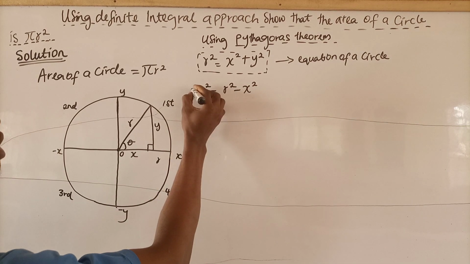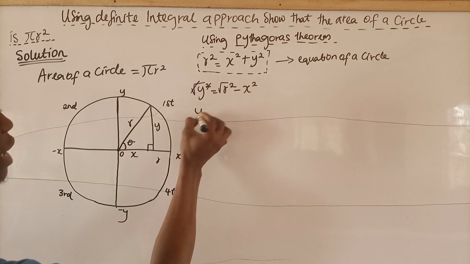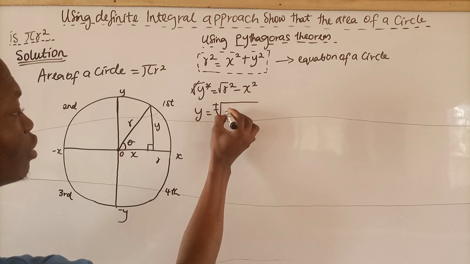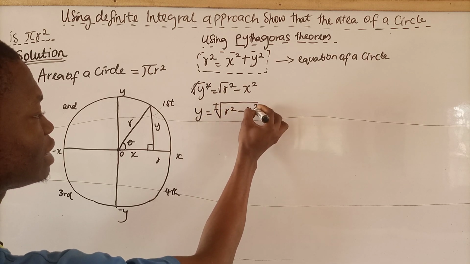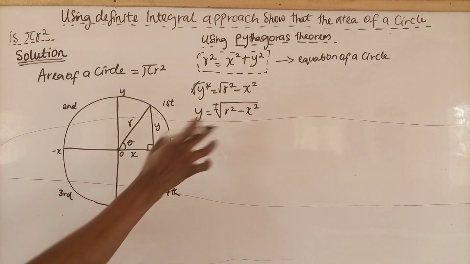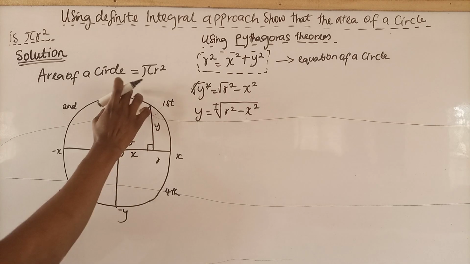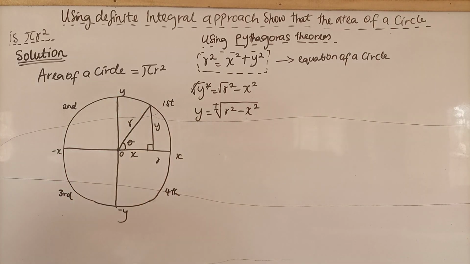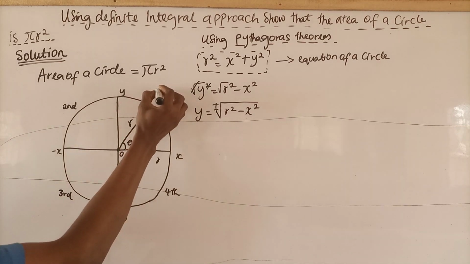So if I take the square root of both sides, y is equal to plus or minus the square root of r squared minus x squared. Because the y-axis in the first quadrant is positive, and the x-axis in the first quadrant is positive, everything in this first quadrant is positive.